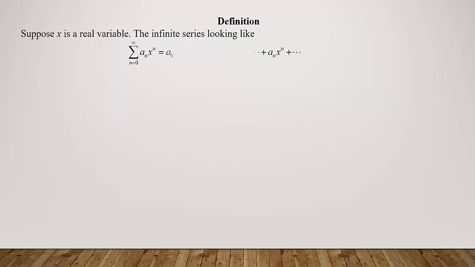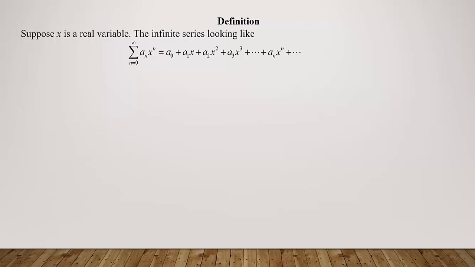So here it is, the definition of a power series. Suppose x is a real variable, then when you have an infinite series that looks like this, the series n equals 0 to infinity, a sub n, x to the n, and I've written down some of the first few terms of the series. So the first term is a sub 0 times x to the 0.